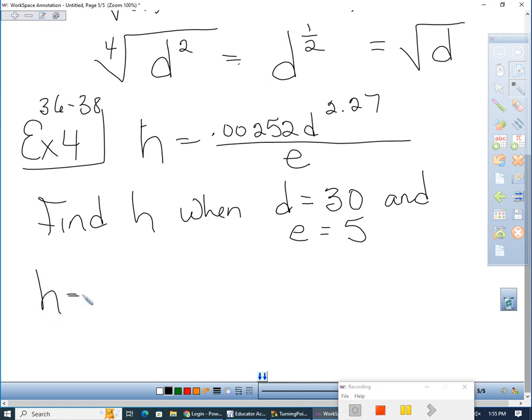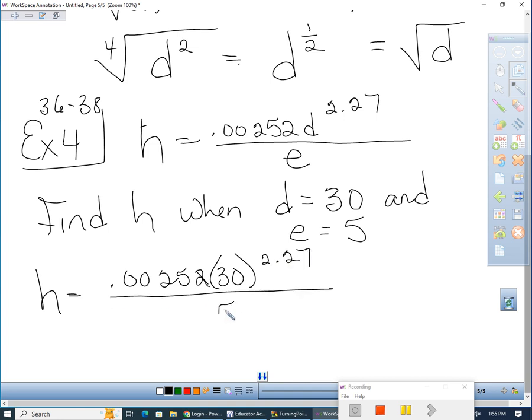You're going to have H equals 0.00252 times 30 to the 2.27 divided by 5.